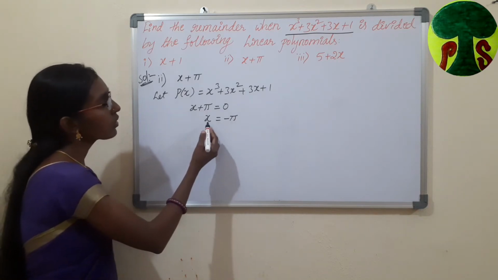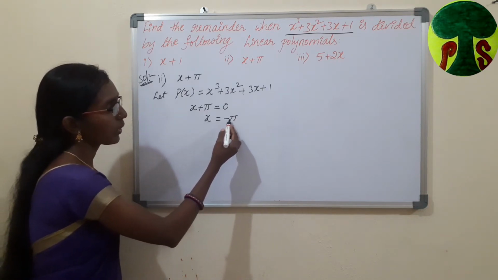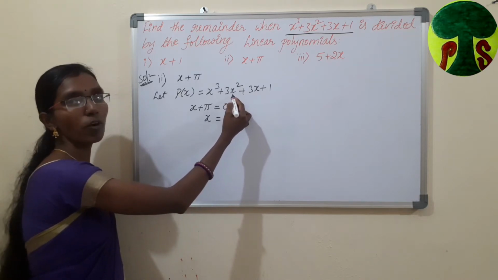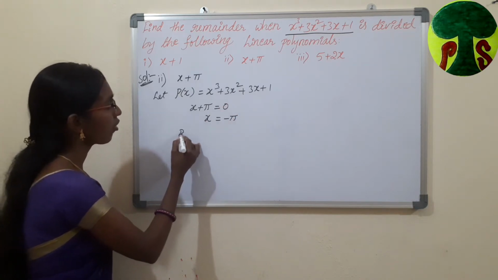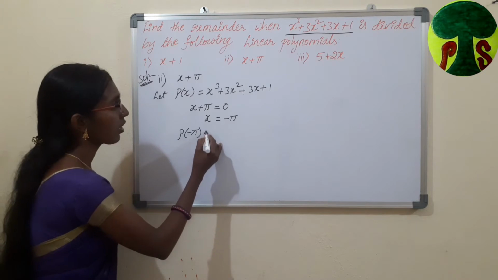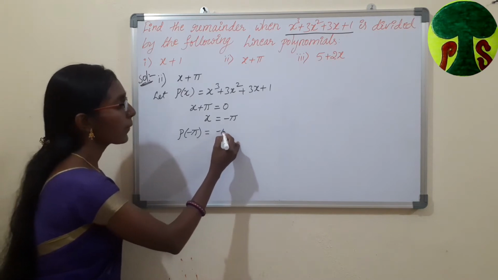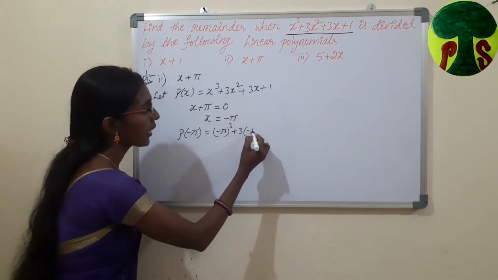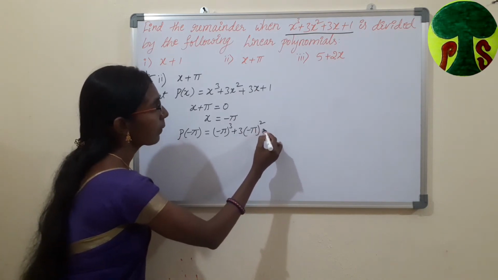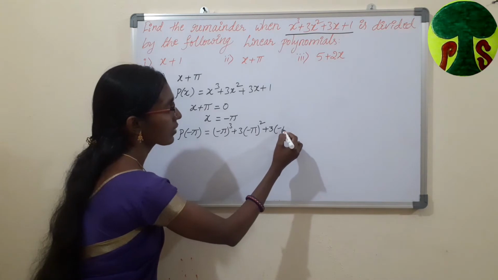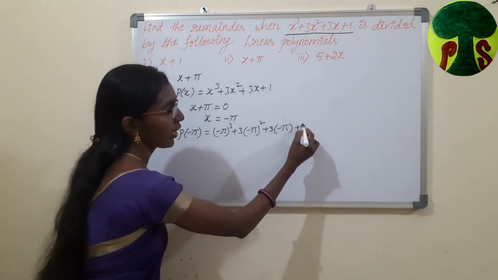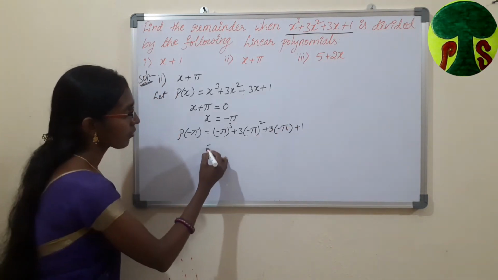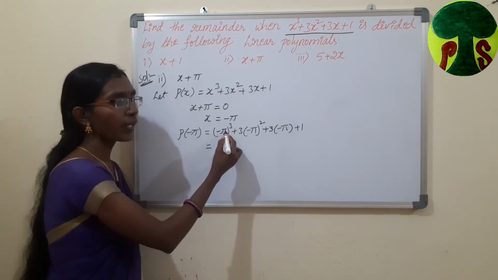Now we have to replace x value by minus pi in the given polynomial, that is p of minus pi. P of minus pi equals to minus pi whole cube plus 3 into minus pi whole square plus 3 into minus pi plus 1, which is equals to minus pi whole cube.